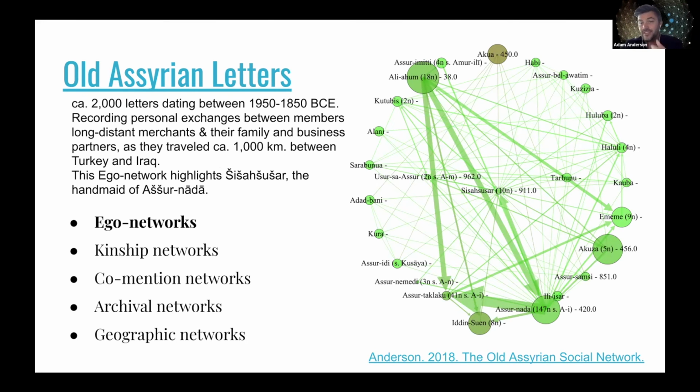And in this case, it's a second wife or handmaid, as it's very often translated, of this kind of middleman merchant, Ashurnada, clearly local in Kanesh, a woman who would otherwise not have made any historical contribution, and yet now through the accumulation of these one-off instances of her, we can actually see that she was someone really critical in terms of the administration of the household in Kanesh while her husband was away doing his foreign trade offshore and abroad.